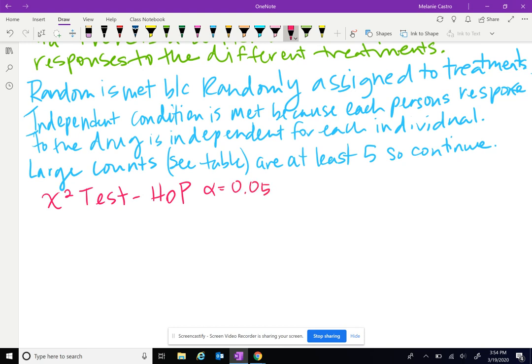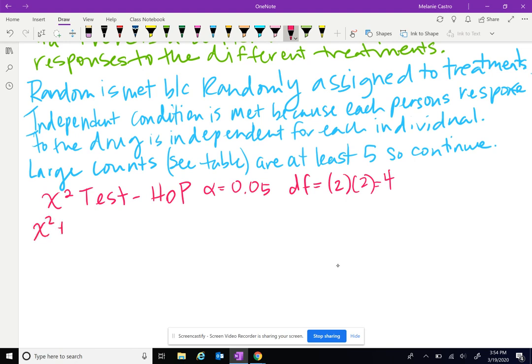So 5% significance. We need to figure out degrees of freedom. It would be the rows minus 1. So since it's a 3 by 3, I'm going to do 2 by 2. Row minus 1, column minus 1, multiply those together. Our degrees of freedom for this problem should be 4.